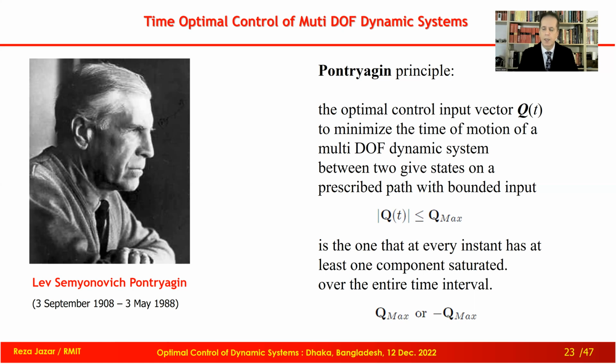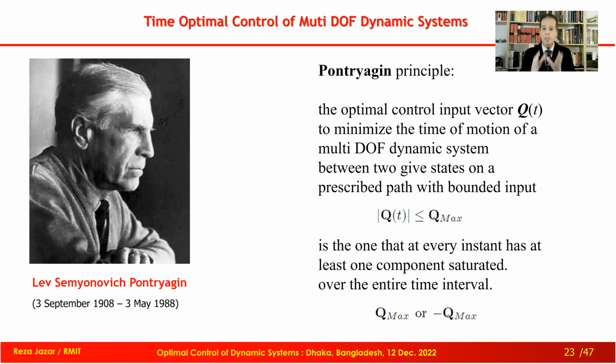Well, Pontryagin proved that optimal control of a dynamic system or mathematical system with limited inputs has minimum time motion when at any instant of time, at least one of the actuators is saturated and all other actuators, actuator means motor, are within their limits. So none of them is going to break their limit. But we do not know at any time which one is saturated. So switching points are unknown.